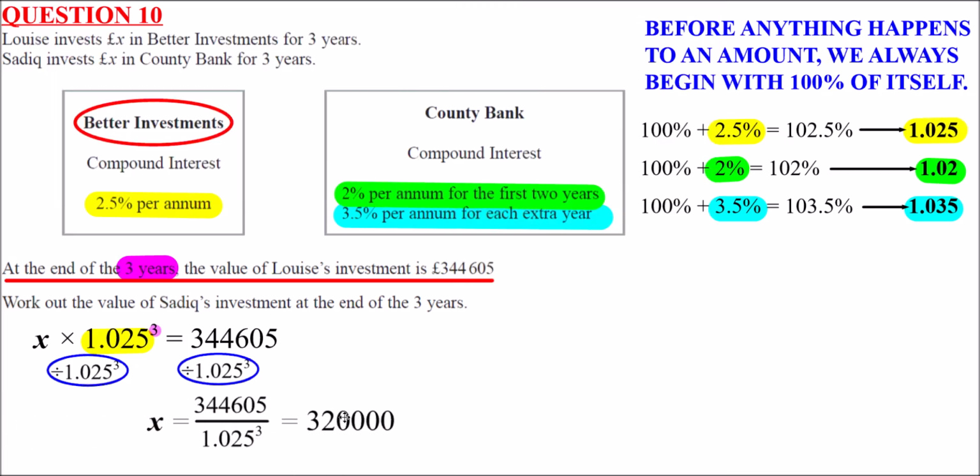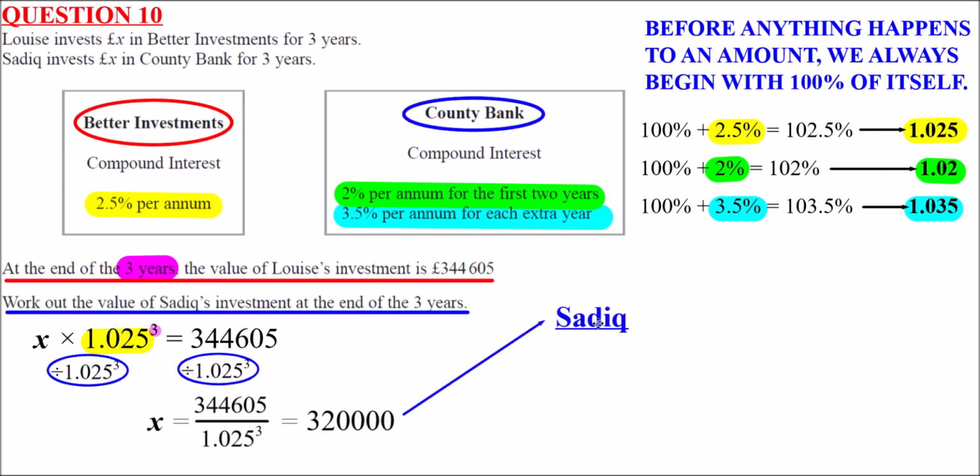We can now apply this to what happened to Sadiq's money in County Bank. Sadiq invested it for 3 years in this County Bank here. So for Sadiq, what we'll have is the original amount, £320,000, multiplied by 1.02 squared. That's power 2 because it's invested at that rate for 2 years. Then the third year, the decimal multiplier is 1.035.